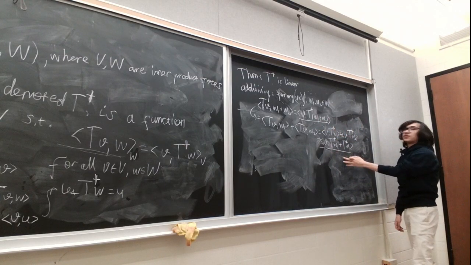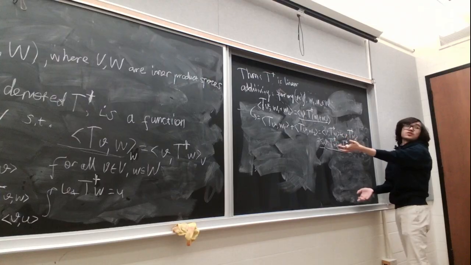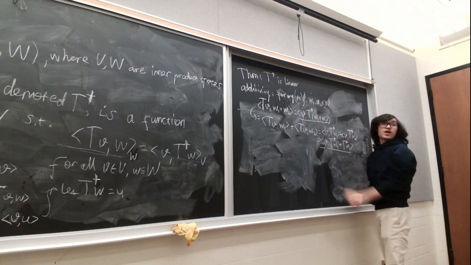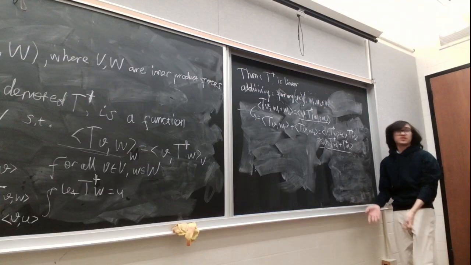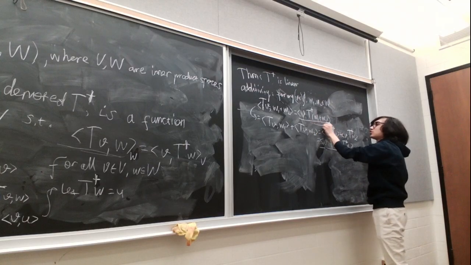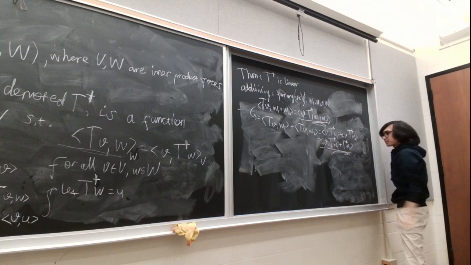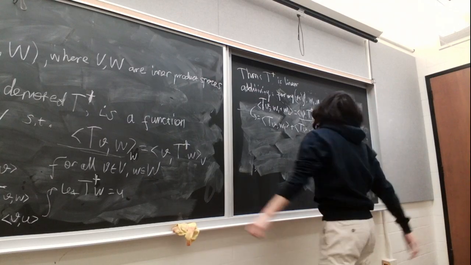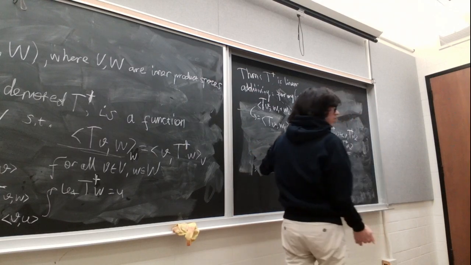And then we can consider this other linear functional. And we know that they're the same because they're equal for every V. Does that make sense? And so by the Riesz representation theorem, we can say that these two terms are equal. Because, well, it's the Riesz representation.